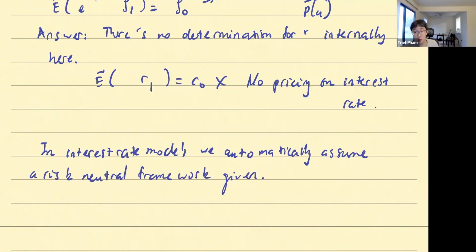In other words, remember the stock that I made a big deal out of, converting from the physical world to the risk neutral world and the relation between these two, all this kind of good stuff? Here, for interest rate, no transition. The transition is done on the stock side because the stock is traded. Interest rate is not traded. So unless you give me a risk neutral world that I can operate in, I don't know which world I should use. I cannot determine that by myself. Is that okay?